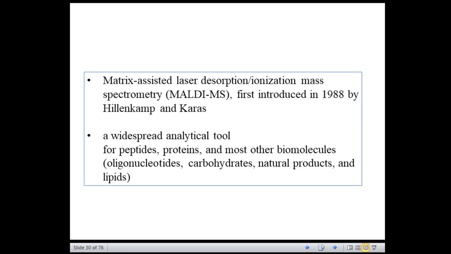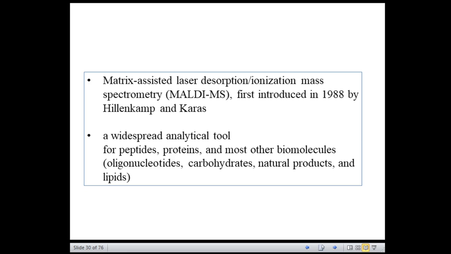So I'll just give you a glimpse of the entire technique of MALDI. In MALDI analysis, the analyte is first co-crystallized with a large molar excess of a matrix compound.